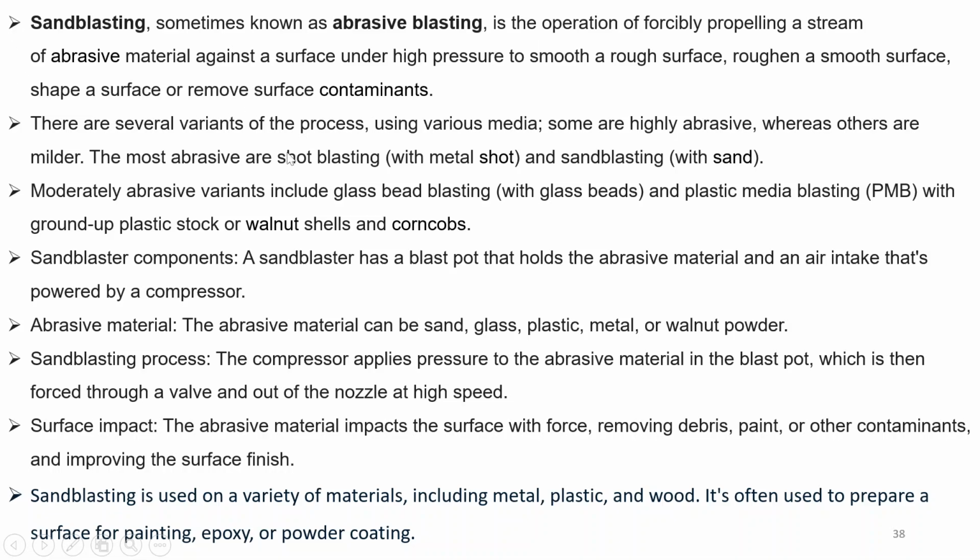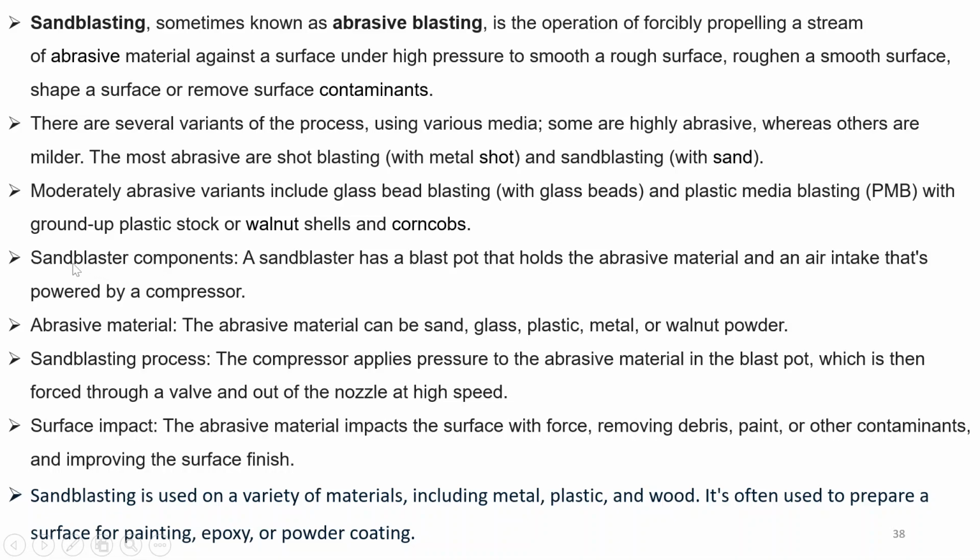The most abrasive are shot blasting with metal shot and sand blasting with sand. Moderately abrasive variants include glass bead blasting with glass beads and plastic media blasting with ground up plastic stock or walnut shells and corn cobs.